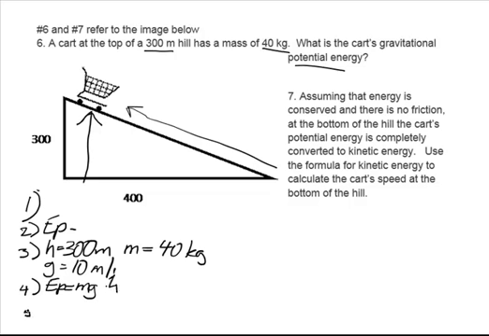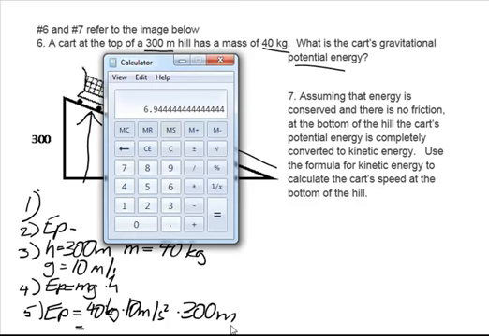Let's go ahead and solve this one. So our gravitational potential energy is equal to 40 kilograms times 10 meters per second squared, times our height, 300 meters. Sorry about the penmanship. This tablet's a little awkward to use. Let's bring in the calculator.